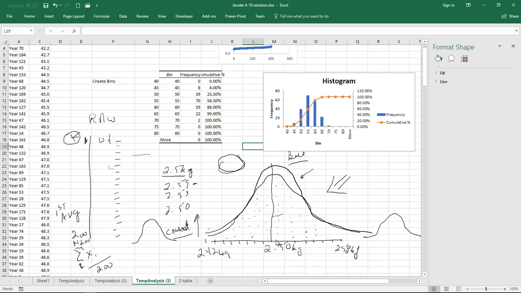The other descriptor of the data is how closely bundled to the middle, where the mean or the average is, our data is. How tight is the data to this? How far does it range away from this? It really was a natural question.